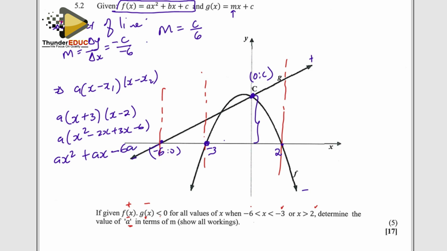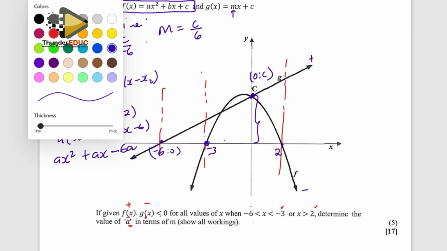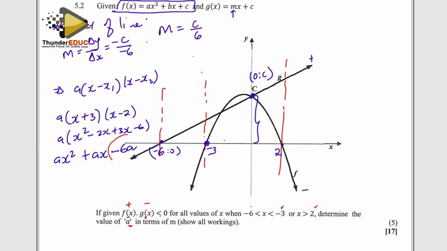Okay, now if I look at it this way, this 6a, the negative, is what I'm going to be equating to be my C. Okay, so in other words, but is that going to make sense for me?